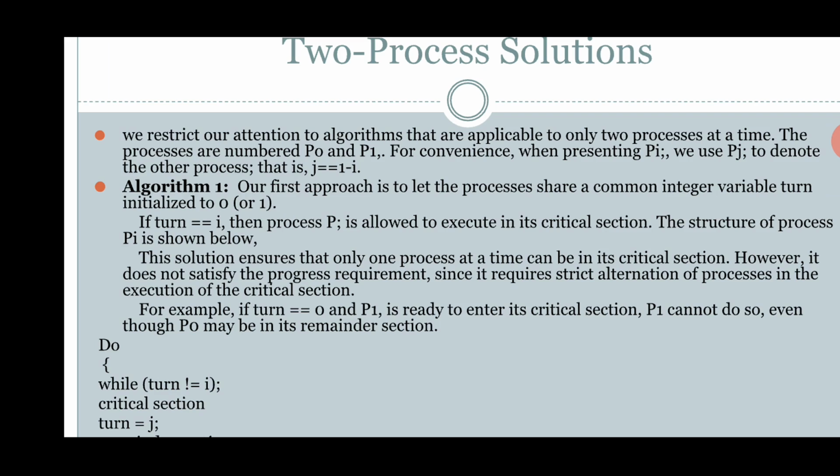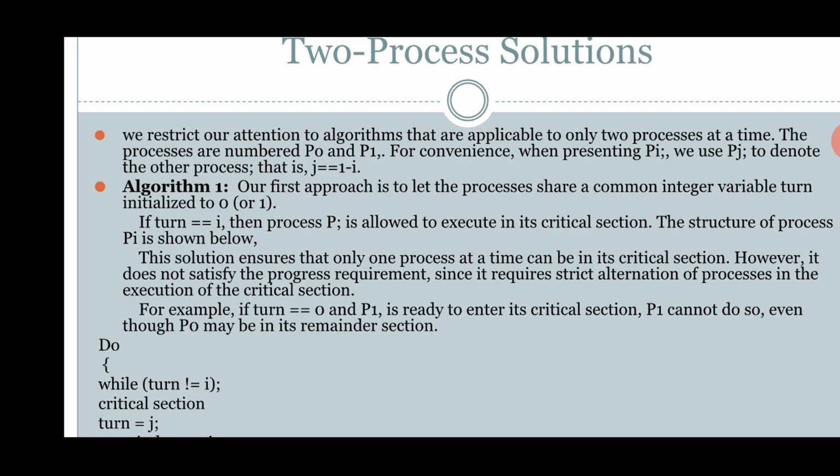Whenever we deal with algorithms, or programmatically with the critical section problem, these notations are required. Our first approach is to let the processes share a common integer variable turn, initialized to 0 or 1. It is something like a flag variable, just to make sure that things are working fine.